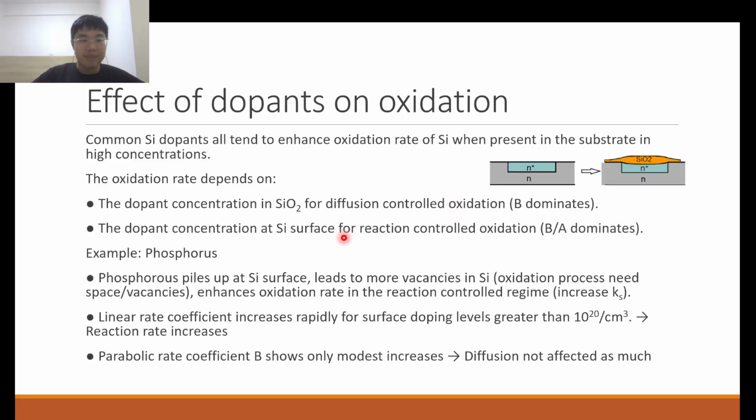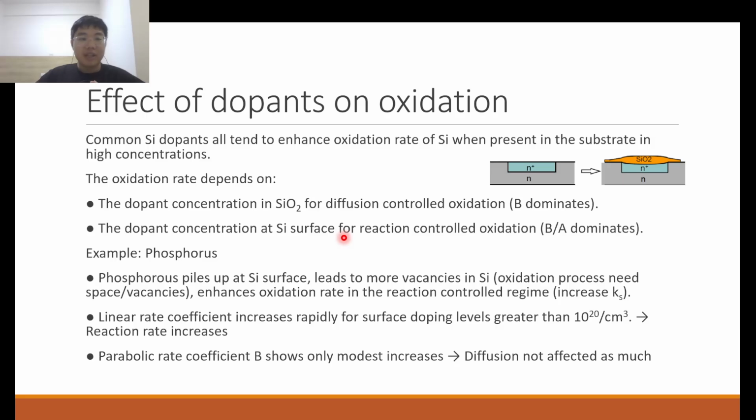One example that we can use as an illustration is phosphorus. Phosphorus tends to pile up at the silicon surface, and this leads to more vacancies in the silicon lattice structure. Because the oxidation process is enhanced by these vacancies, the oxidation rate is enhanced in the reaction control regime.